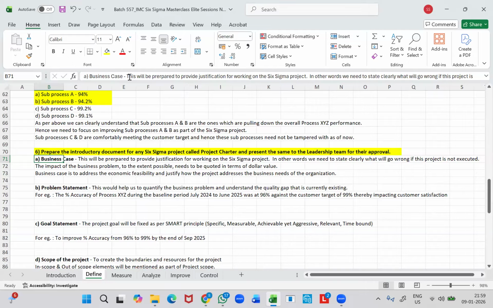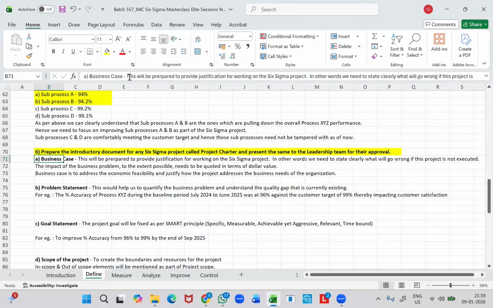If you provide the impact as a process metric performance, then it's quite likely that the top management or the leadership may not be able to appreciate it. Because we need to understand that the leadership may not be closely connected with your process, right? They may not know the nuances of your process. So what they would be able to clearly understand is the dollar impact of this business problem.